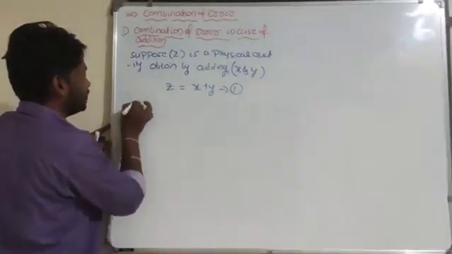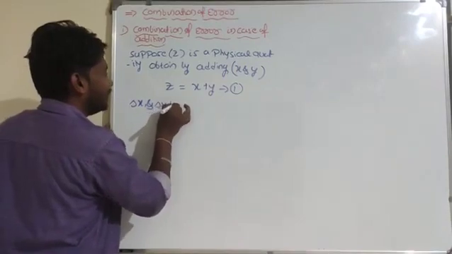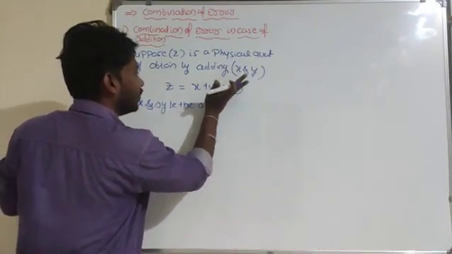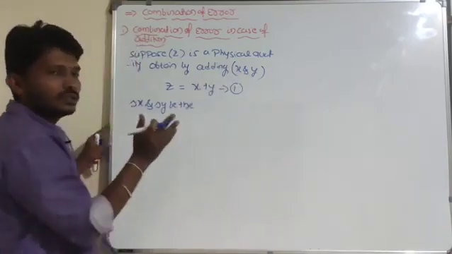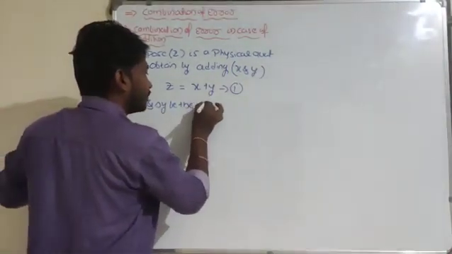For that purpose, let delta X and delta Y be the absolute errors of X and Y. I hope you remember about absolute error.